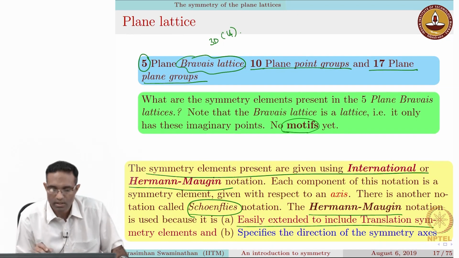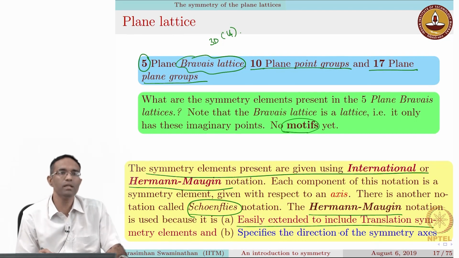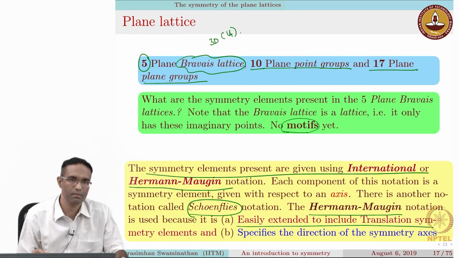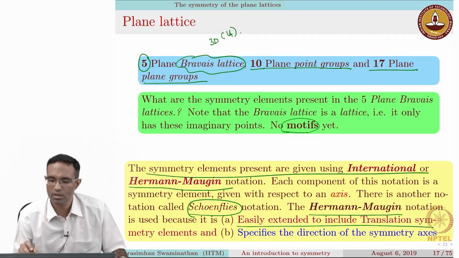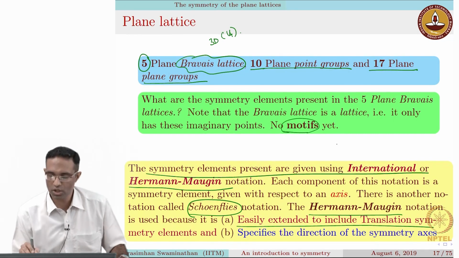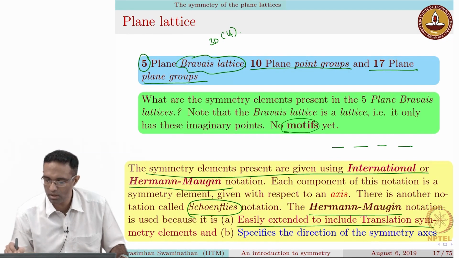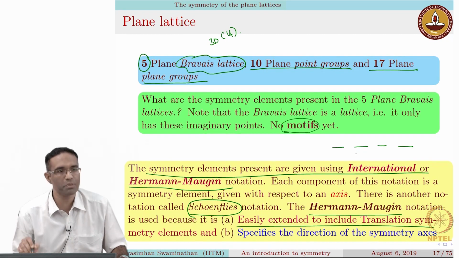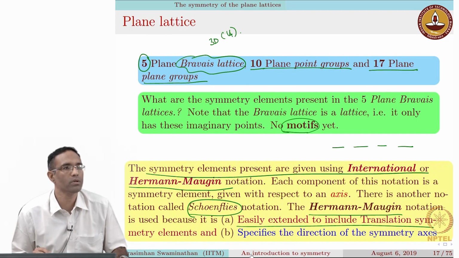The Hermann Mauguin symbol makes it very easy for you to identify these aspects, because each slot in the symbol will refer to a specific axis, and that axis will become clear as we talk about the various lattices. Okay.